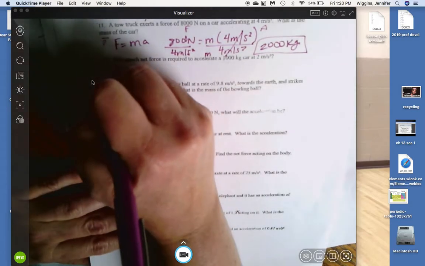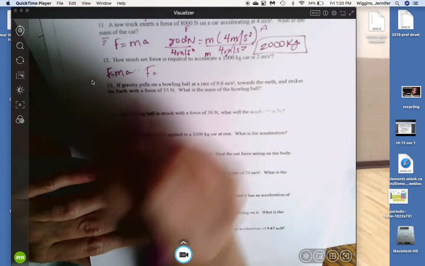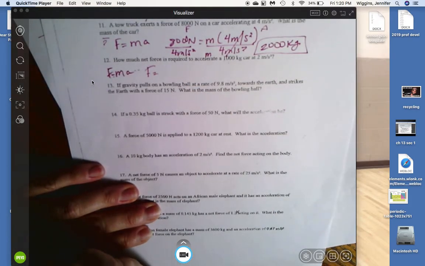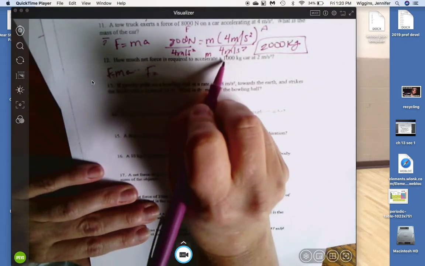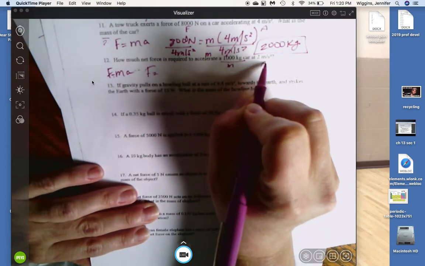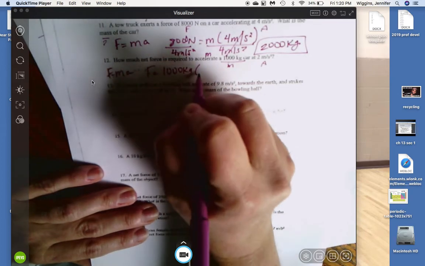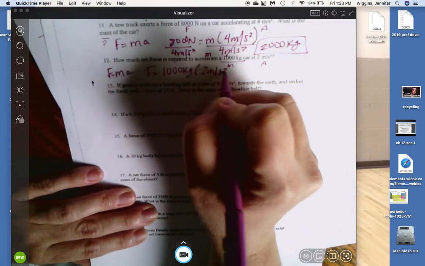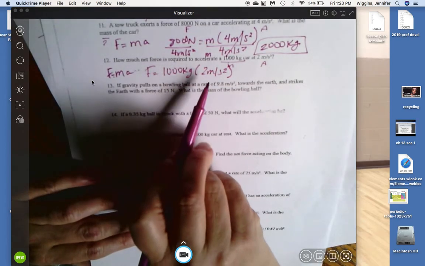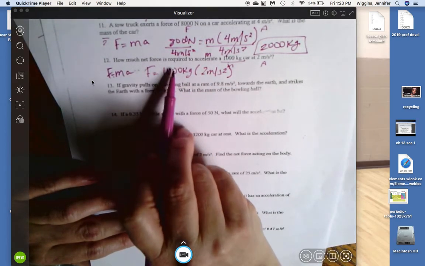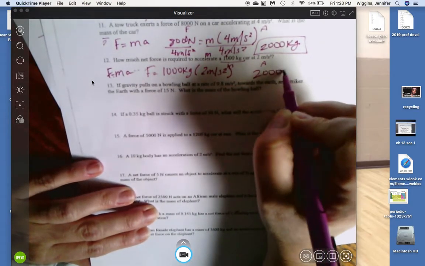If I'm looking for force, I'm definitely going to use this formula. So I'm looking for force. My mass is this, and my acceleration is this. So 1,000 kilograms times 2 meters per second squared. 1,000 times 2 is 2,000 newtons.